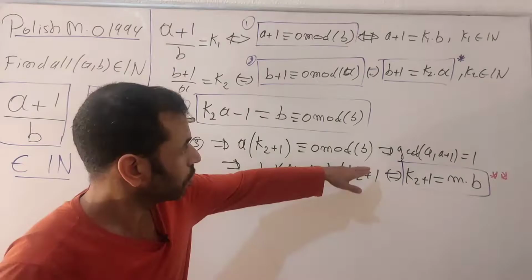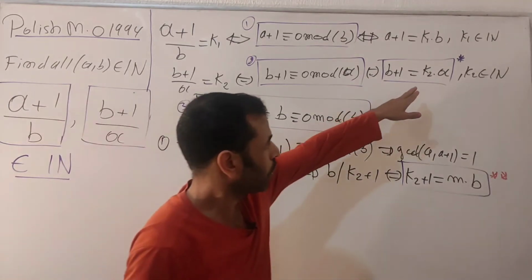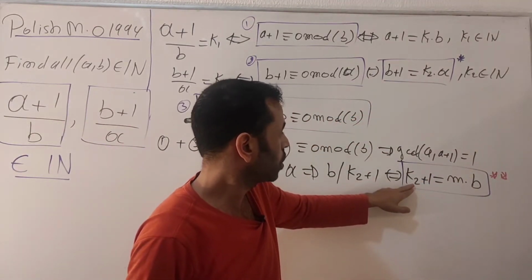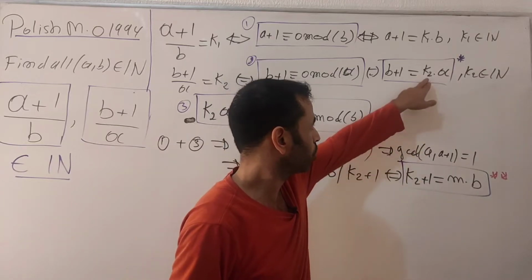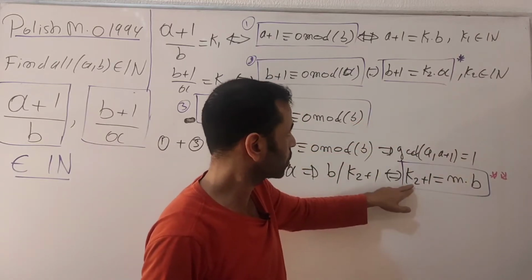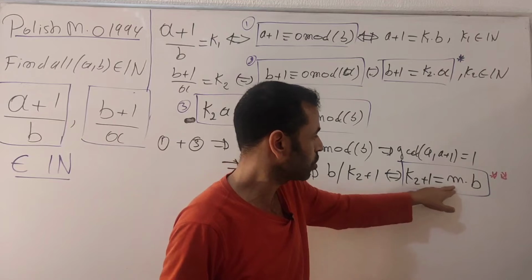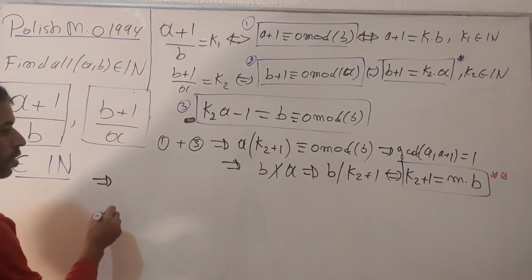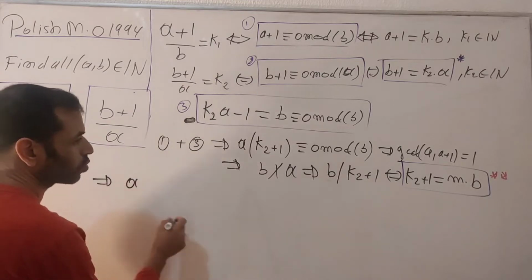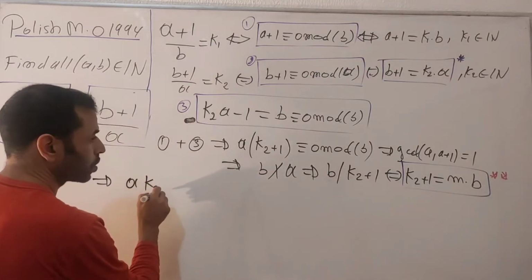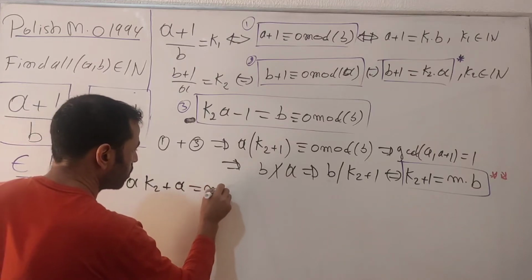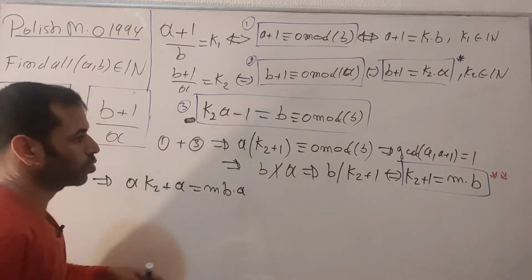Okay, if you take a look carefully, we have k2 multiplied by a here, but we have only k2 in the other equation. So in order to combine these two equations, I'm simply going to multiply both sides of this equation by a. So I get a multiplied by k2 plus a equals m b a.